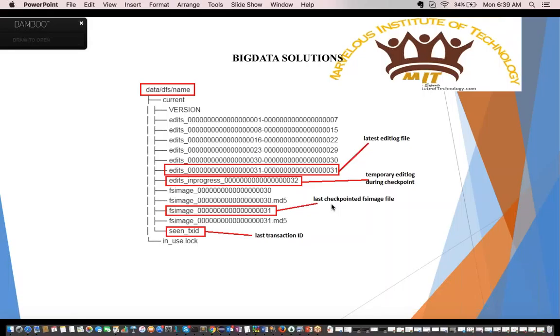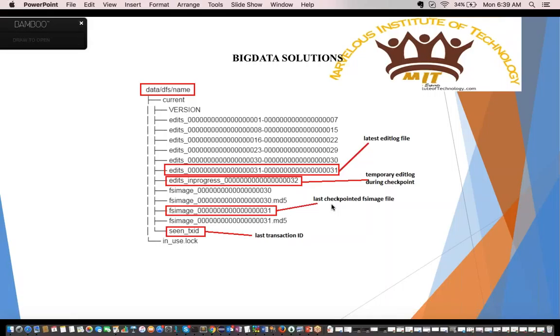Now, the edit log is in binary format. We cannot read it directly. There is a tool in Hadoop 2 where we can read it. Using those tools, at least we can get some information.